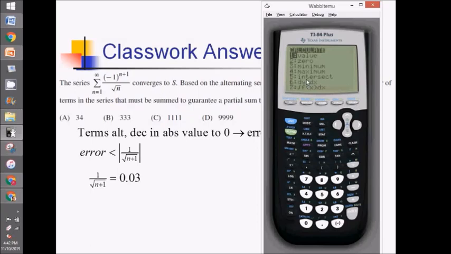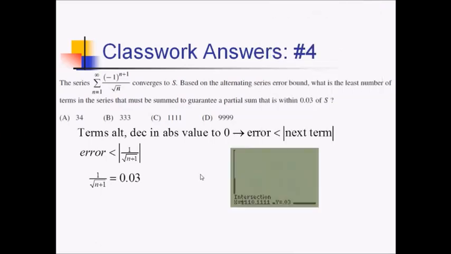And intersect. First curve is one of these. Just press enter. Second curve is the 0.03. Press enter again. It'll figure it out. Our intersection, it's hard to see there, but it's 1110.11111. Okay, we'll take the calculator's word for it.